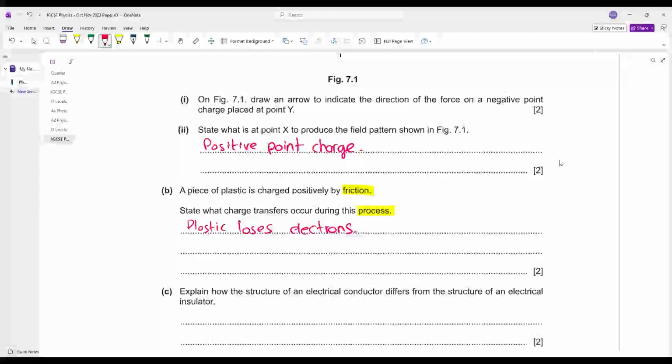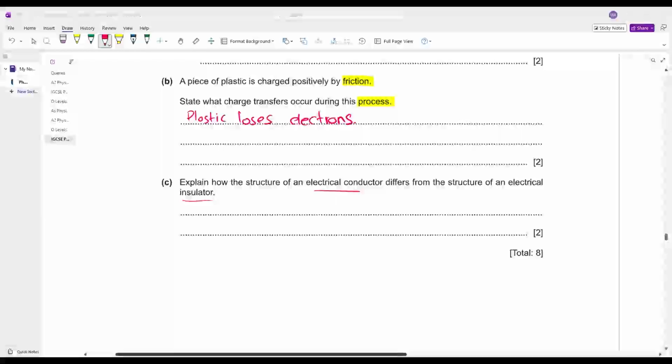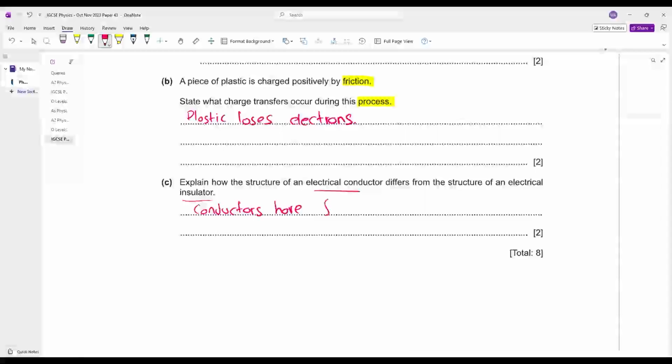Let's further move ahead. Explain how the structure of an electrical conductor differs from the structure of an electrical insulator. How does the structure of a conductor and an insulator differ? Conductors have free delocalized electrons. Insulators do not have free electrons. So you can write here: conductors have free delocalized electrons.